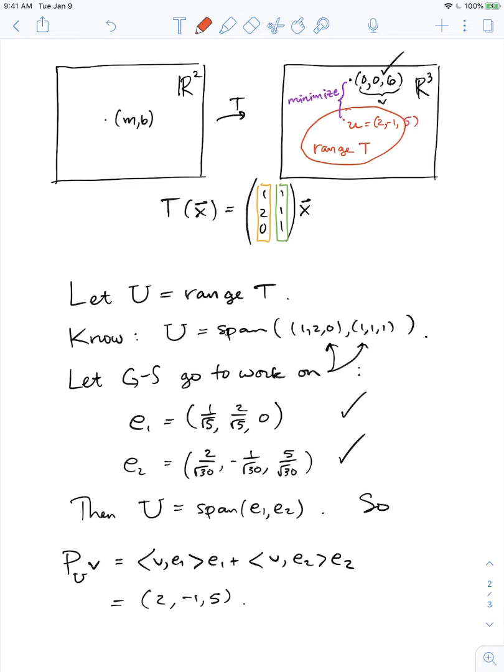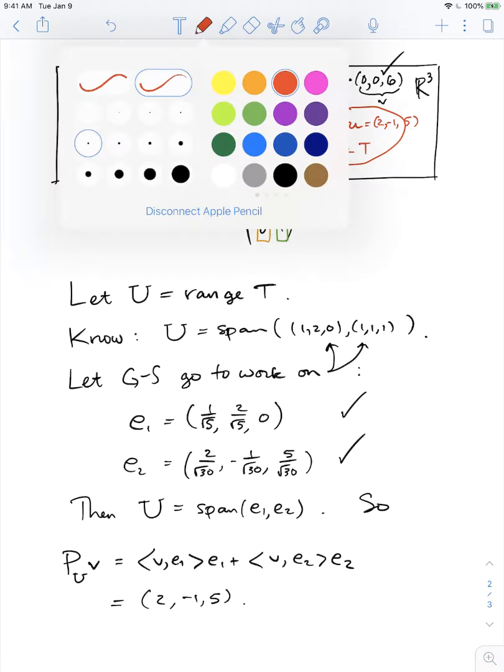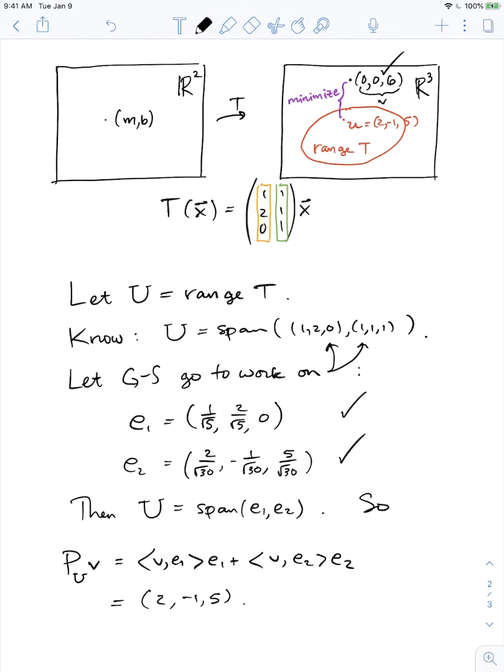And we can say what input vector back here produced it. You guys can check that the vector negative 3, comma 5 is the one that gets sent to that vector u.